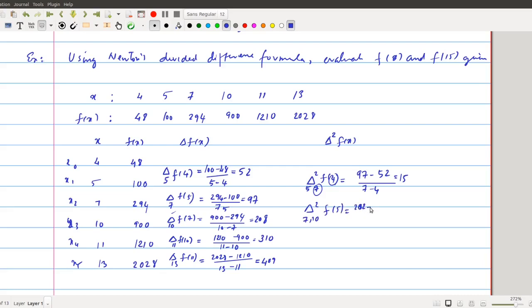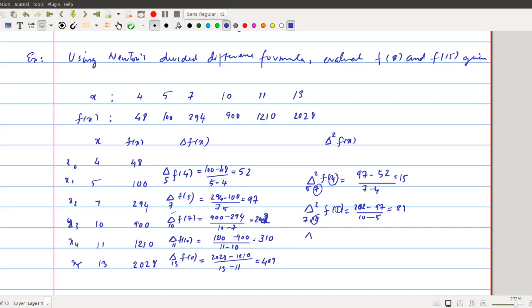Similarly you can evaluate delta square 7 10 of f of 5, so that will be 202 minus 97 divided by 10 minus 5, that is equal to 21.